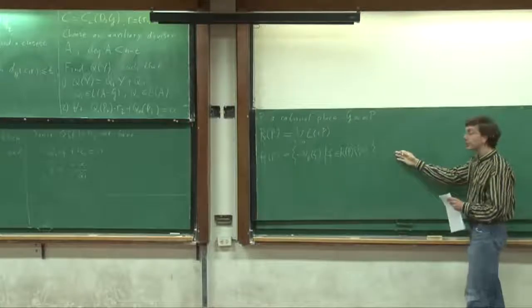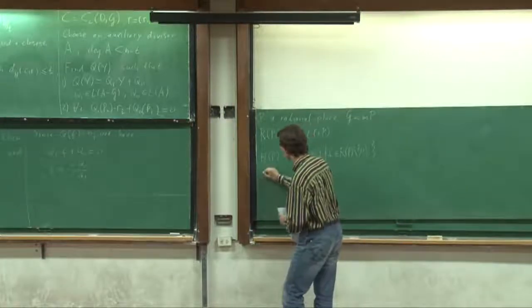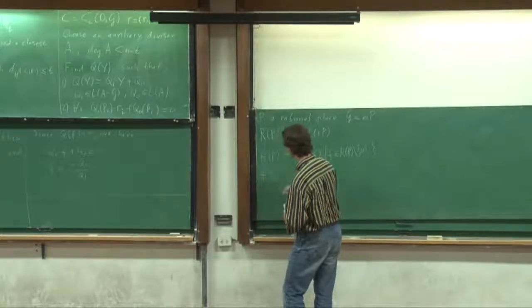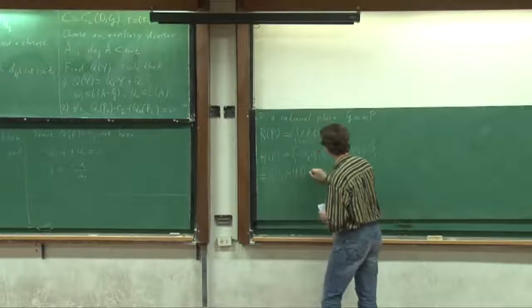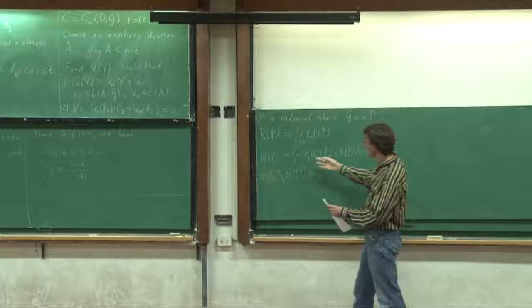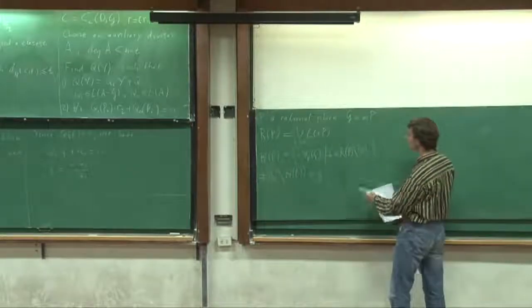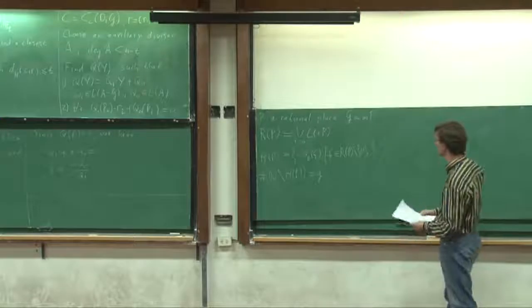This is not just a set, it turns out that it is a semigroup. There was the Weierstrass gap theorem telling you that this is exactly the genus, and moreover it is a semigroup in the sense that 0 is in here, and if we have two elements, then the sum is also there.